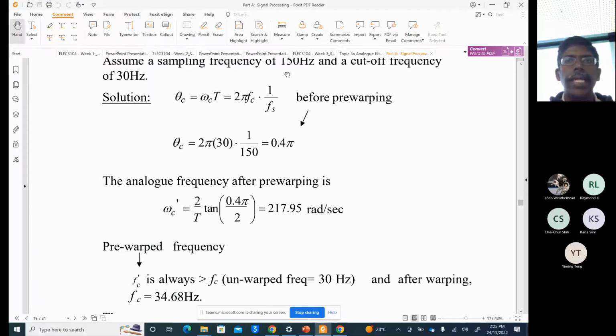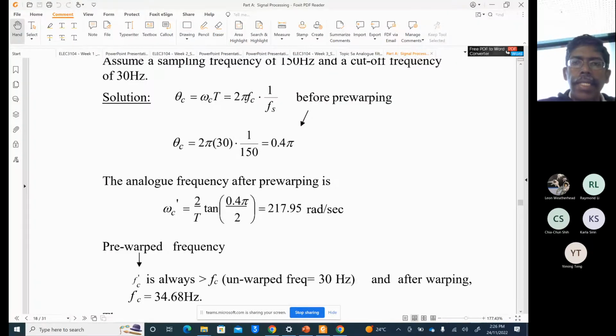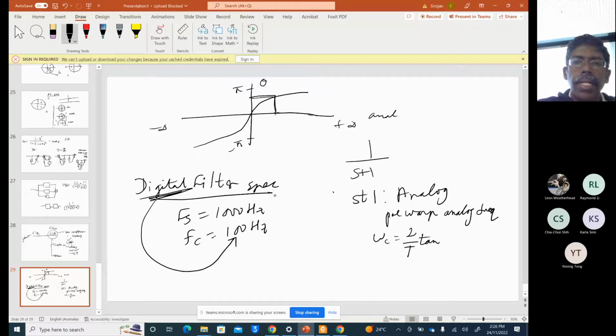So here this is the filter, 2/T tan(theta/2). So what we have to do is find the pre-warp frequency. That is 2/T tan(theta c by 2).